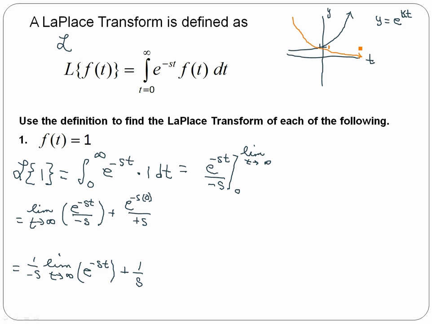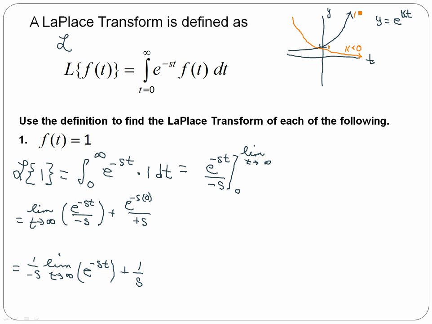Now, what I want is I want this limit right here to converge. And in order to get that limit to converge, I want it to go the way this orange line is going. Go to 0. It's getting closer to the x-axis, or the value is getting closer to 0. And in this case, our k value is negative. K is less than 0.